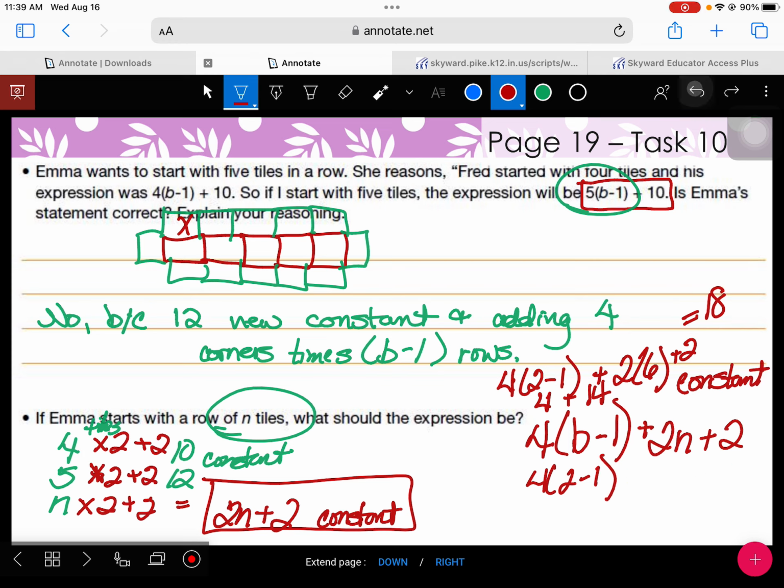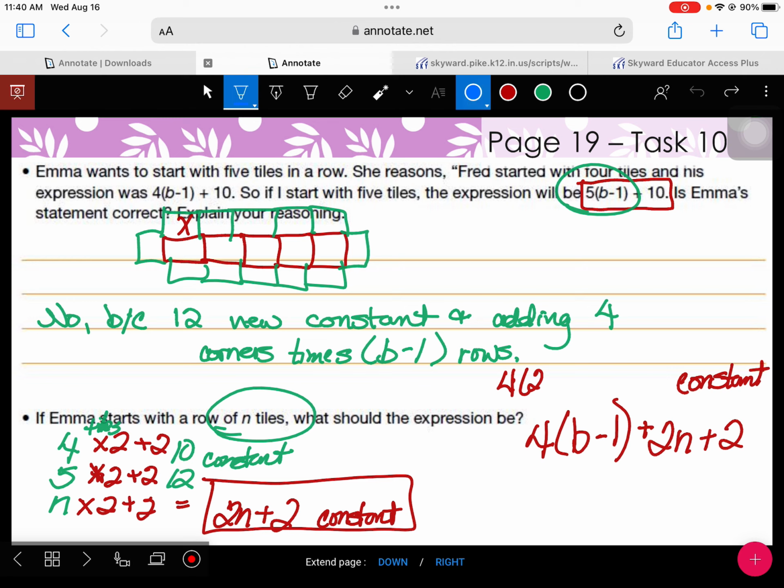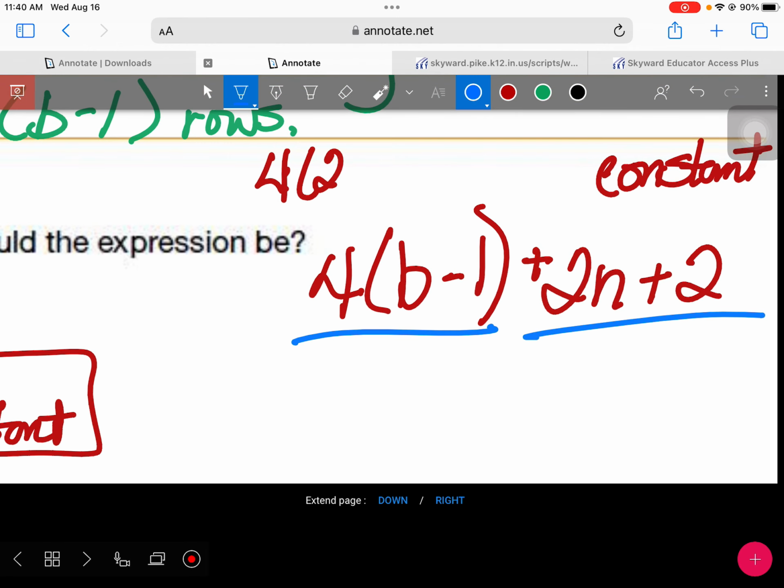So, you are using the exact same method as you did, as I said, with Fred and Emma. So that's why that part is 4 times (b minus 1) plus 2n plus 2. Is that in simplest form?